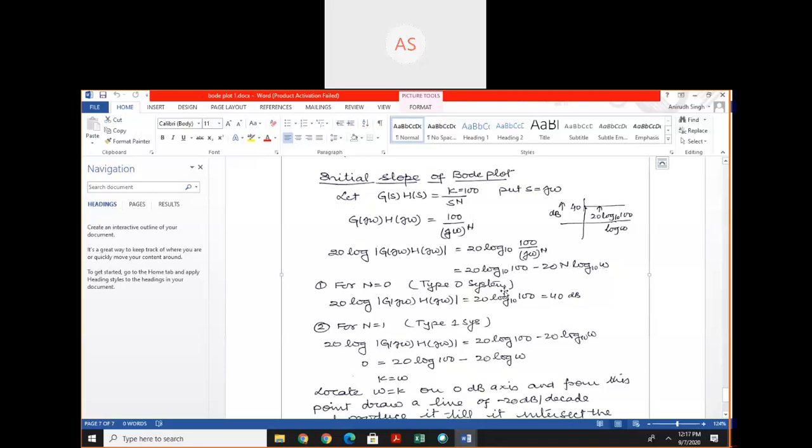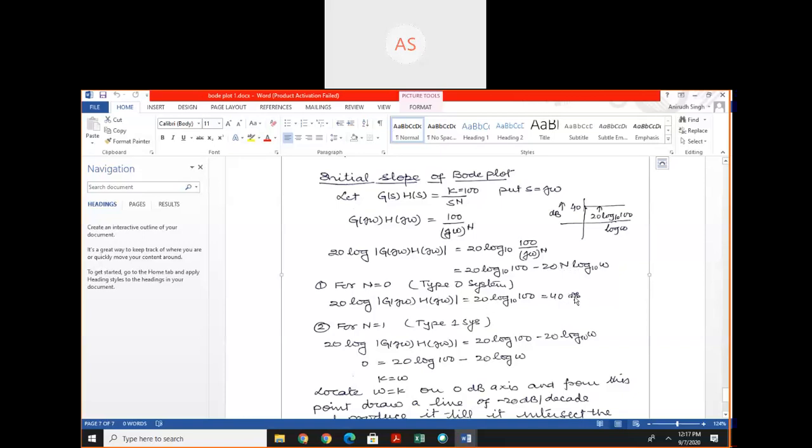For a type 0 system, there is no pole at origin and the value of n is 0. So 20 log |G(j omega)| is given by 20 log 100, because this term is multiplied by 0.